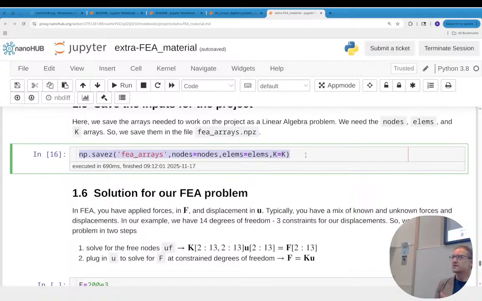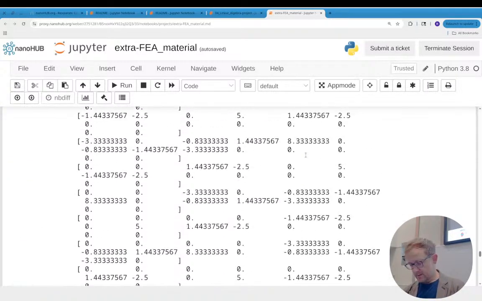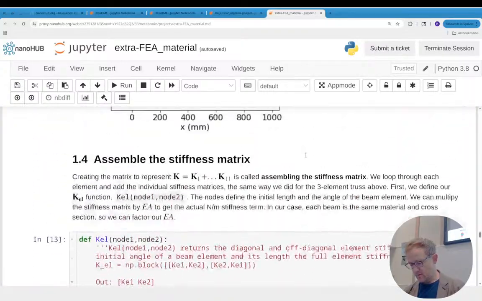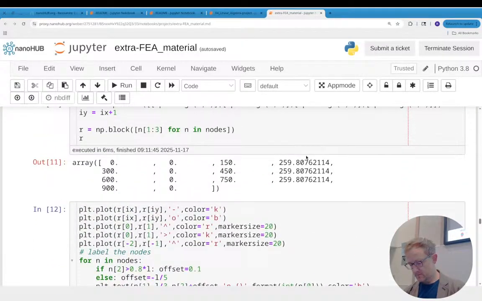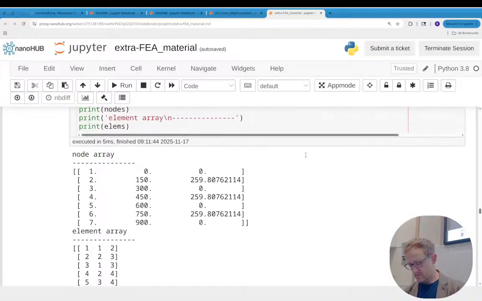That same function, save z, that creates that npz file, is saving the nodes, the elements, and the stiffness matrix. So you can grab that and reuse it for any post-processing. Let's take a look at nodes. Here we go.